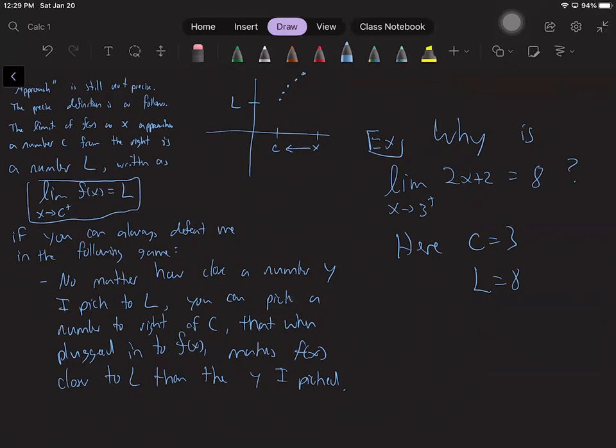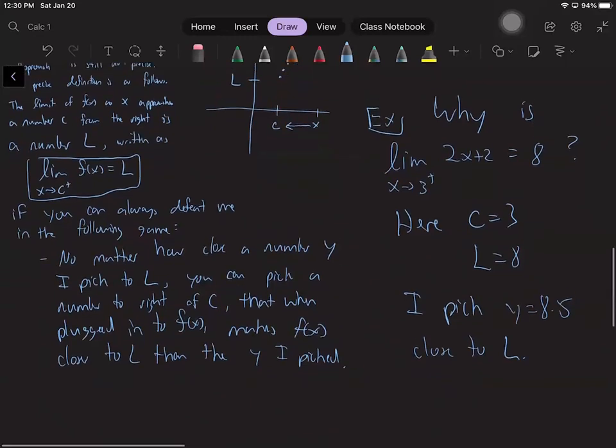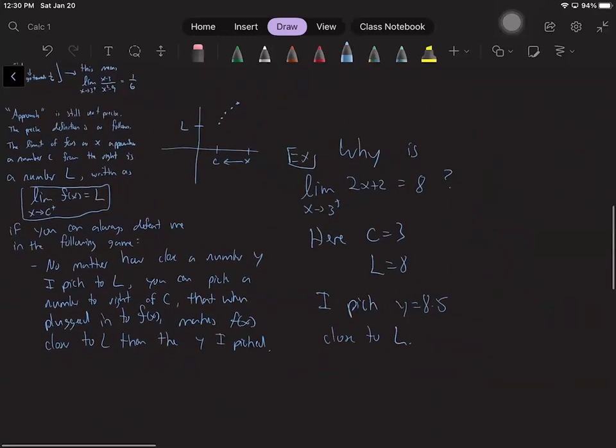So the idea is I have to pick a number. So let's say I'll pick 8.5. All right, it's going to be close to L, the supposed correct limit. Okay. So you have to pick an x value, something close to c.